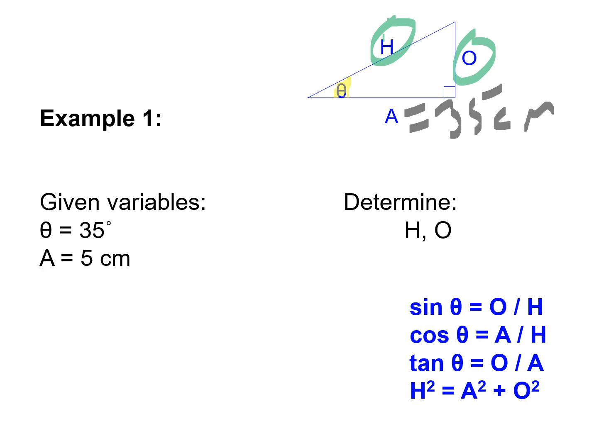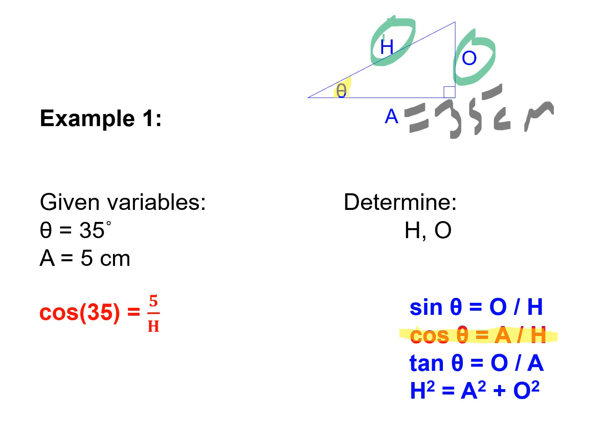Obviously, I can't solve for the hypotenuse and opposite at the same time, but I can peck away at it. I know A and I know theta, so I can do one thing right off the bat. Why don't I use cosine of theta is equal to A over H. Okay, so let's see how that works.